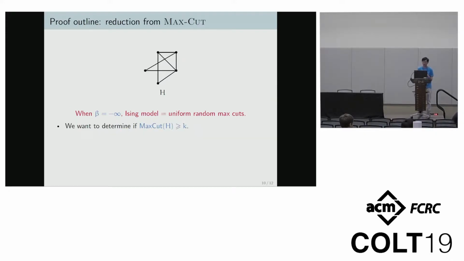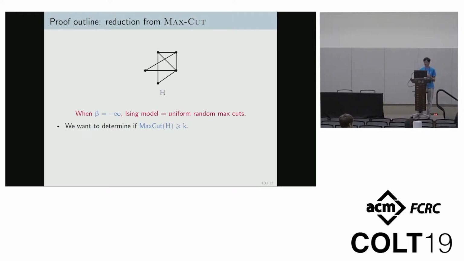This is a little surprising, because one might think that the learning problem is harder than the testing problem. I will give a very quick proof outline of our main result. The key observation is that for the Ising model, when beta is negative infinity, it is essentially a uniform random max cut, because the max cut has the fewest number of monochromatic edges.